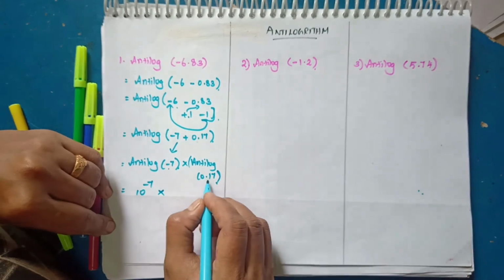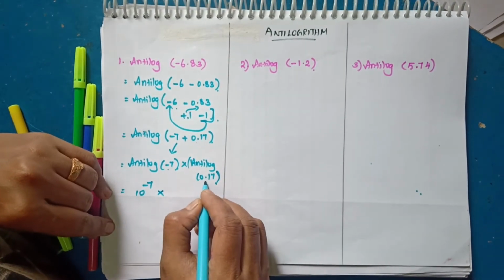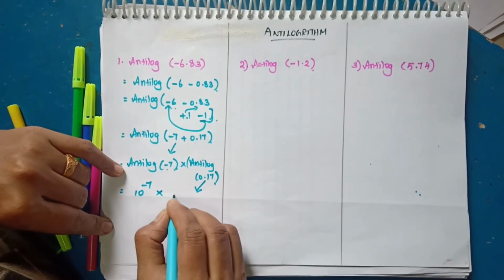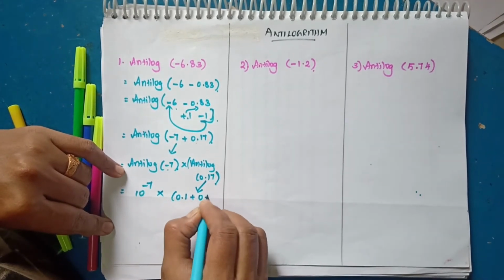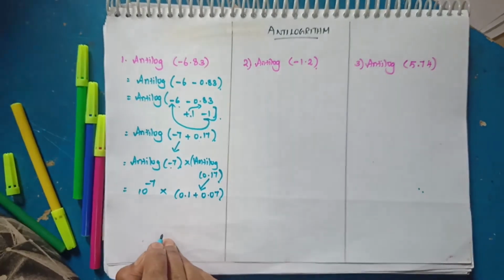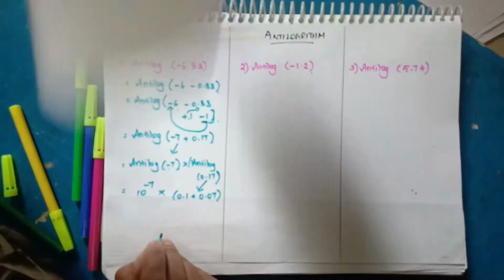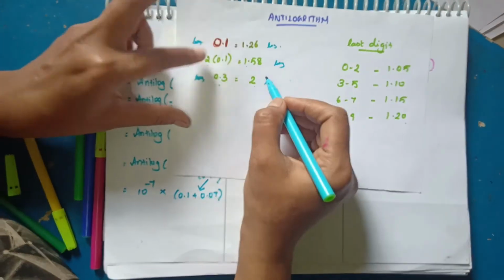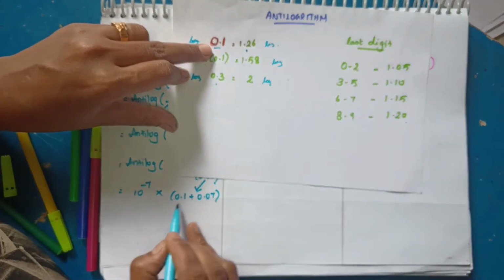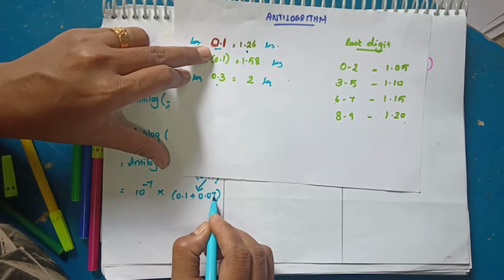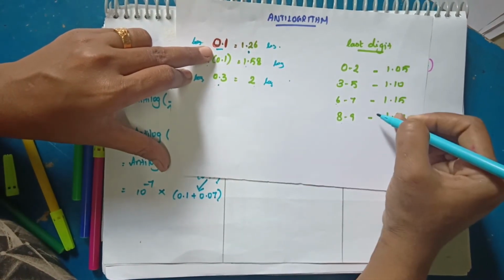Next, what you have to do now? We are separating this one. How are we separating it? 0.1 plus 0.07. See the values. If it is 0.1, we have to write 1.26, and then for 0.07, last digit value, you have to see it here.